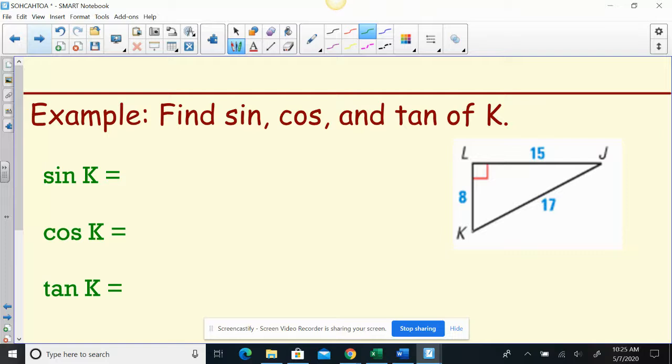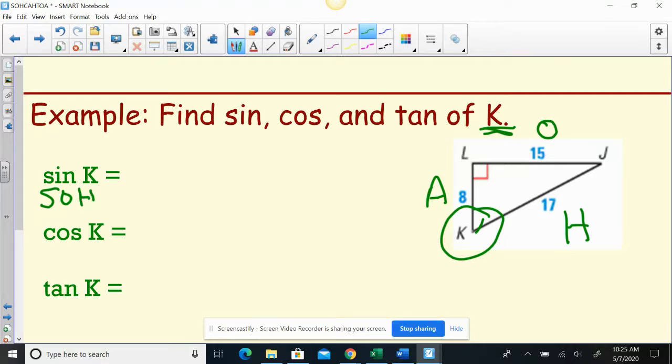So if this is my triangle and I want to find the sine, cosine, and tangent of K, they're telling me K is my reference angle, so I want to circle that. Hypotenuse is going to be my longest. Opposite means across from my angle, so that's this LJ side, and then adjacent is right here. So sine of K is opposite, 15, over hypotenuse, 17.